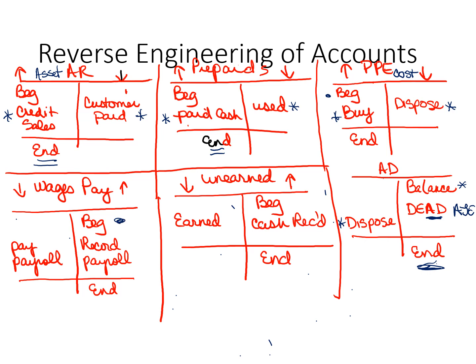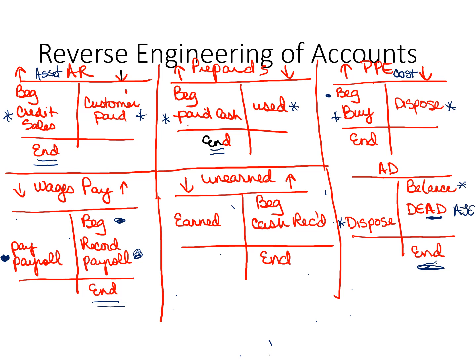When I record a payroll, meaning I debit wages expense, credit wages payable, notice my wages payable is increasing because I'm recognizing the payroll, but it's only when I pay the payroll, where I debit wages payable and credit cash, that wages payable goes down because I've fulfilled my promises to my employees to pay them. So that's the only thing that can happen in a wages payable account.